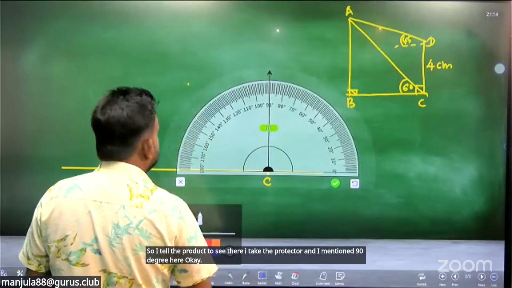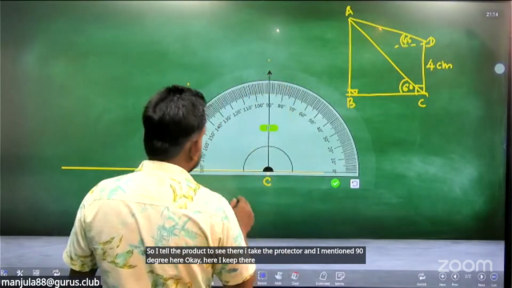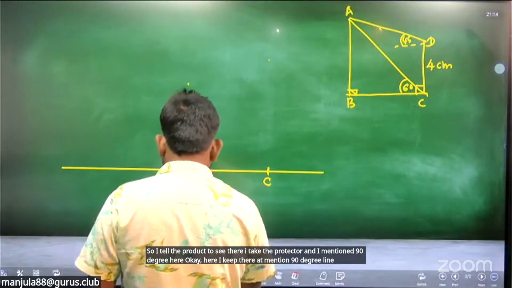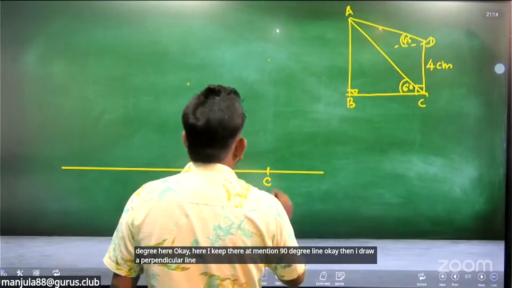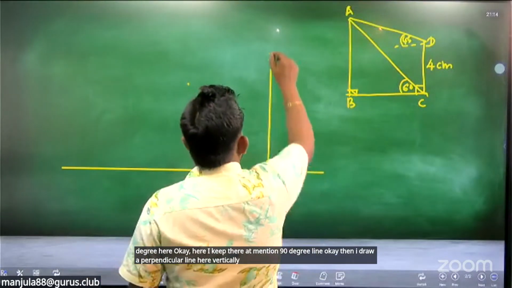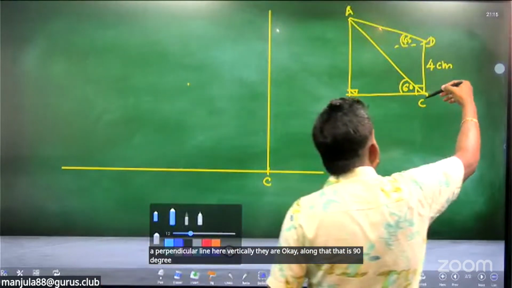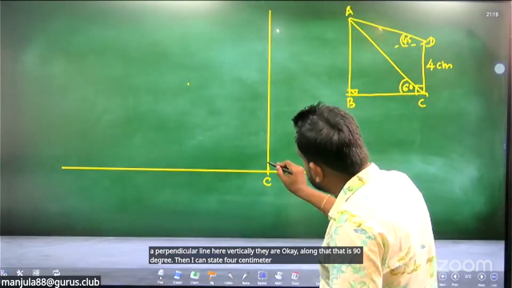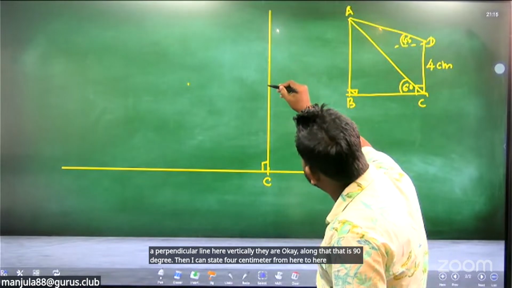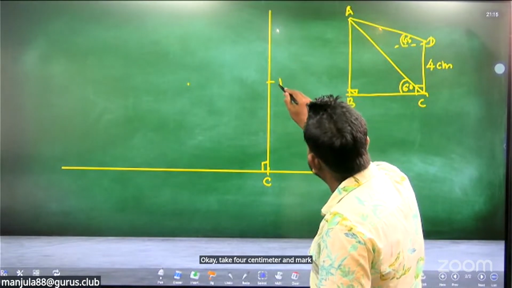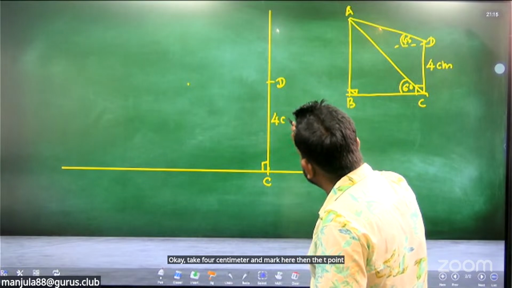I keep it there and measure the 90-degree line. Then I draw a perpendicular line here, vertically. Along that is 90 degrees. Then I take 4 centimeters from here to here, and mark it here. Then the point T is taken, that is 4 centimeters.